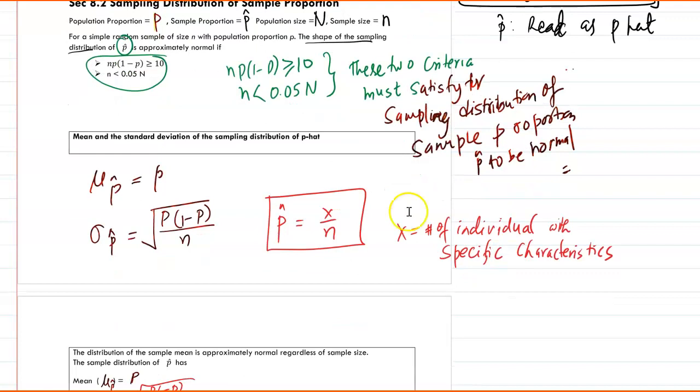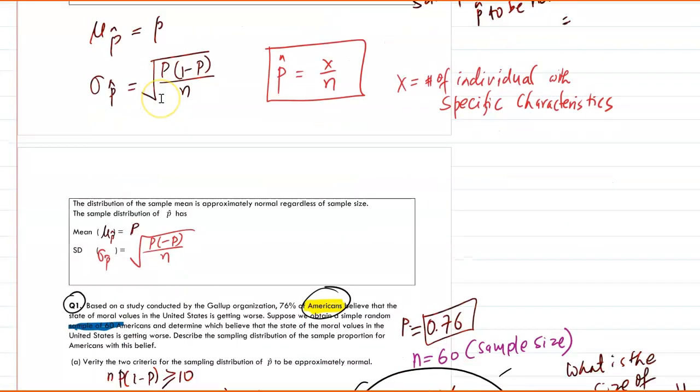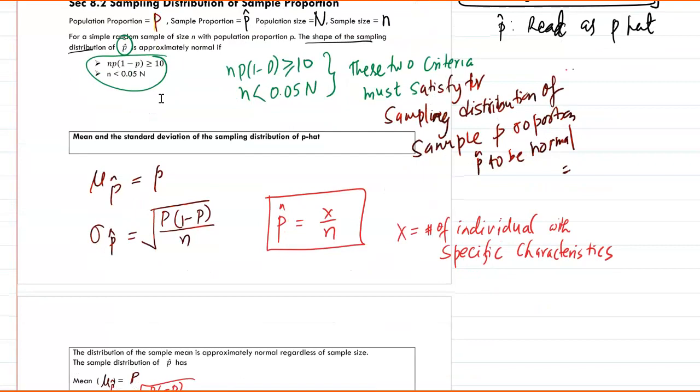Okay, and then if the sampling distribution of sample proportion is normal, it looks like this. For example, this is p hat here. That's what the sampling distribution of sample proportion looks like, which is normal. This middle value is the mean, mu p hat, which is the mean of the sampling distribution of p hat.